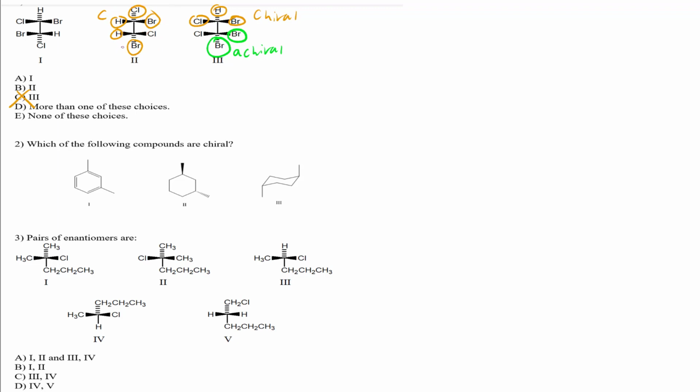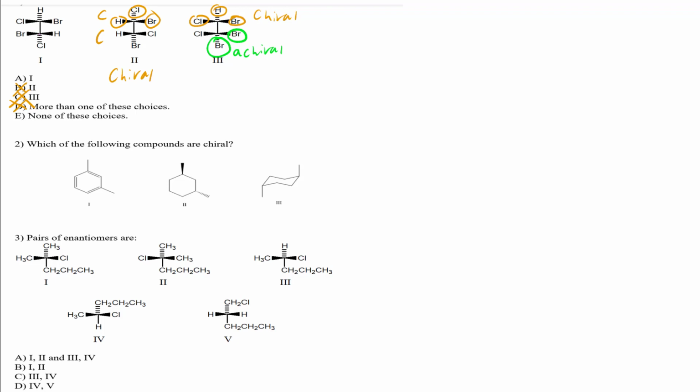And so, for sure, because you have a chiral and a chiral, that's going to be chiral. So that's bad because we're looking for achiral. I just proved to you that this overall is a chiral molecule. And so number 2 is also bad, right? So it cannot be D because more of these choices are bad.